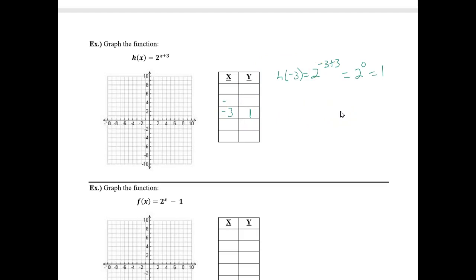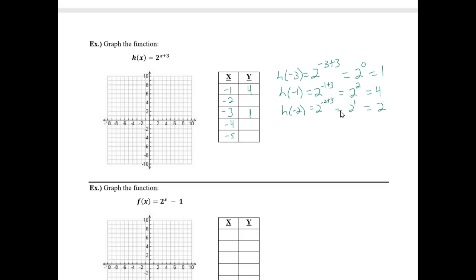And now I'm going to go either side of that. So like -2, -1, -4, and maybe -5. Let's see what happens. So h of -1. 2 to the -1 power plus 3. We have to add those first. -1 plus 3 is 2. And 2 squared is 4. Alright. h of -2. So -2 plus 3 would be +1.